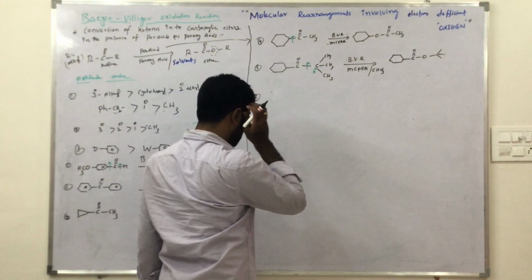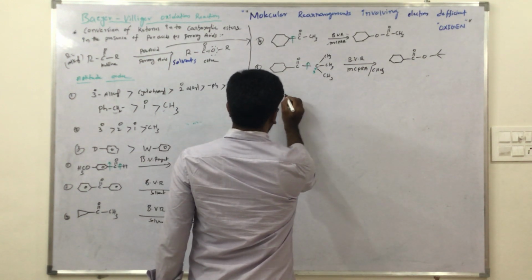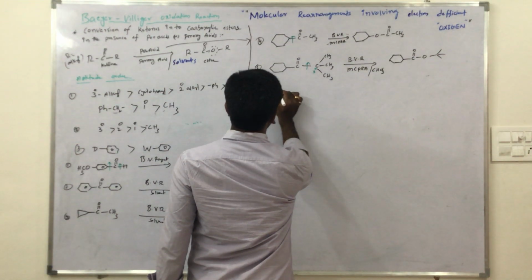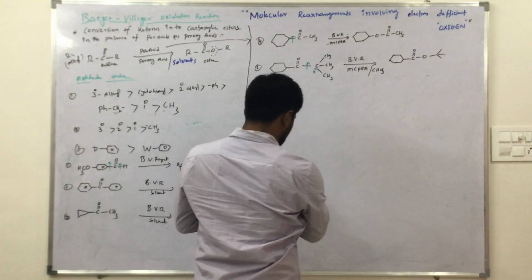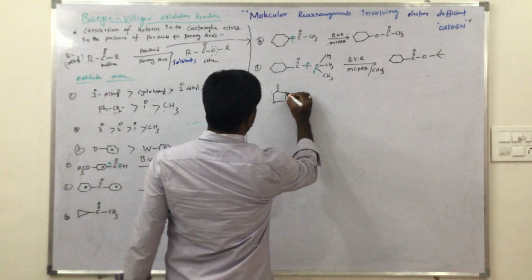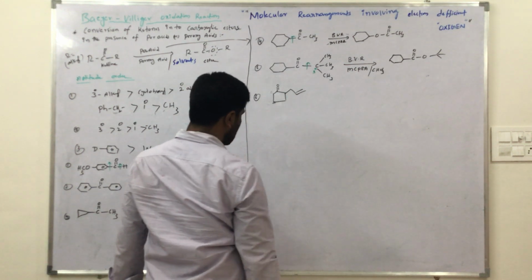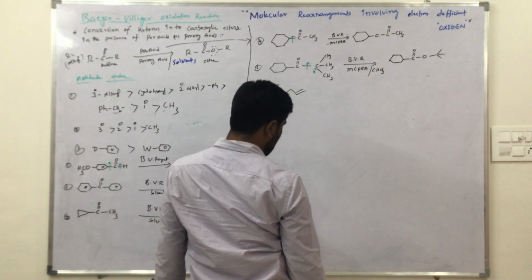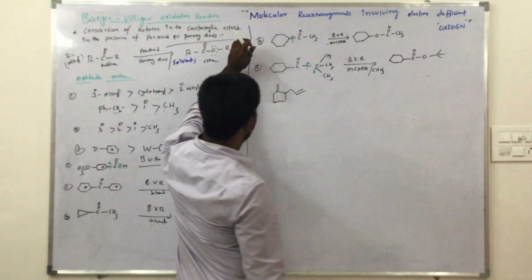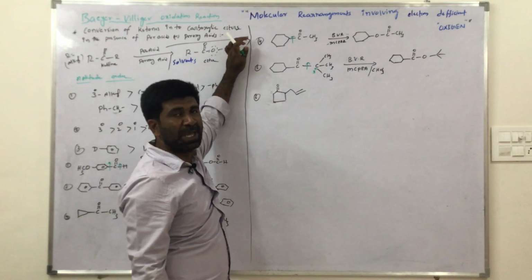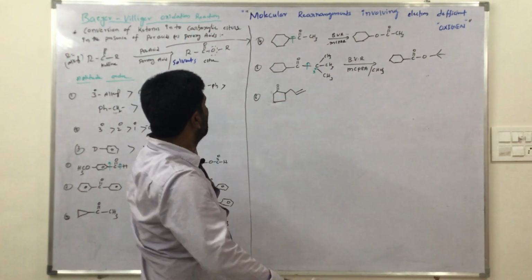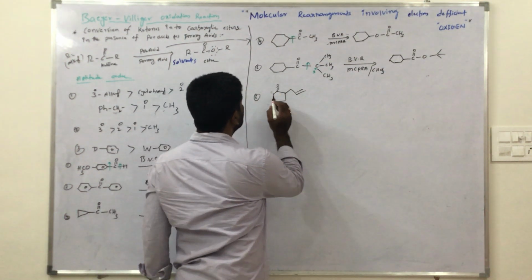Sixth one. Now the sixth one is, I take a 5-membered ring, C double bond O, right? And this is the product. Now what happened? Ring expansion takes place here. So here, 5-membered ring, oxygen insertion takes place.